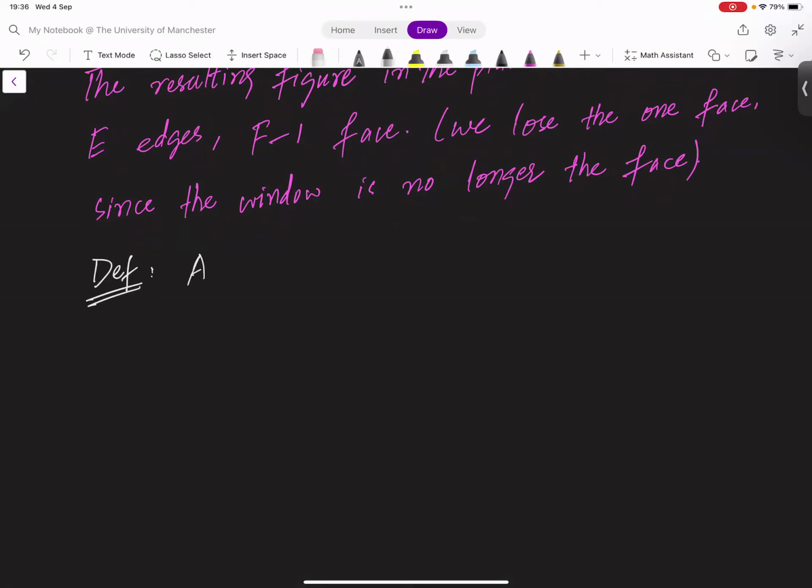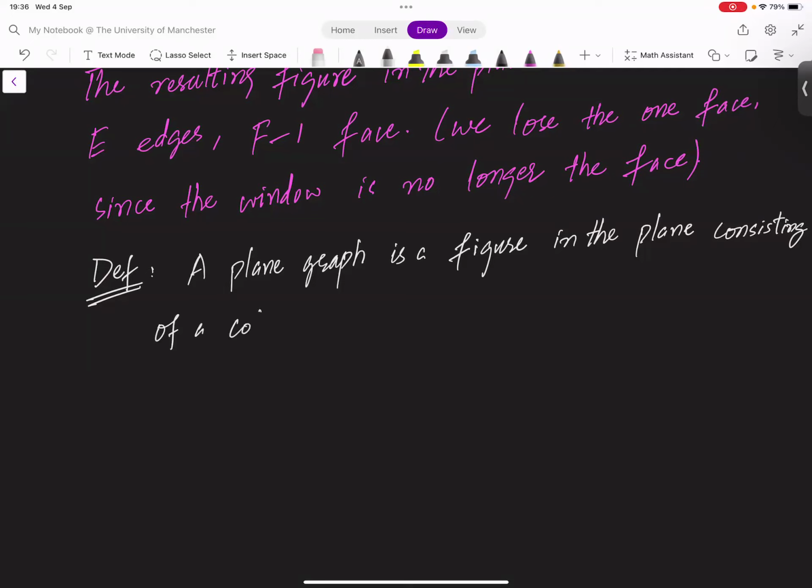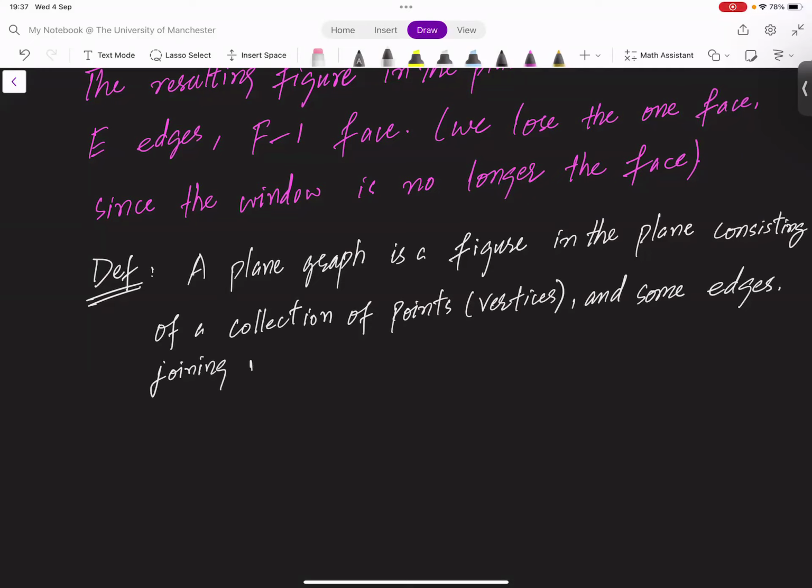Definition: a plane graph is a figure in the plane consisting of a collection of points, known as vertices, and some edges joining various pairs of these points, with no two edges crossing each other.